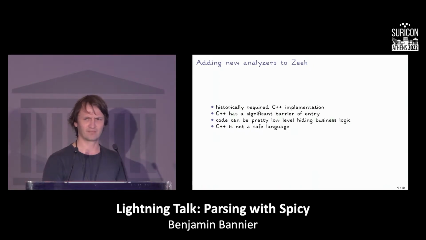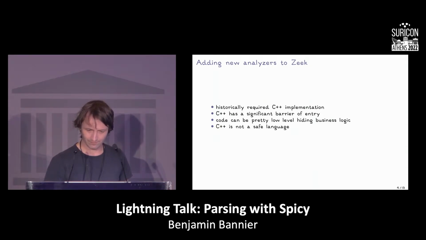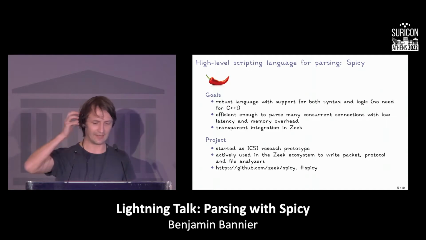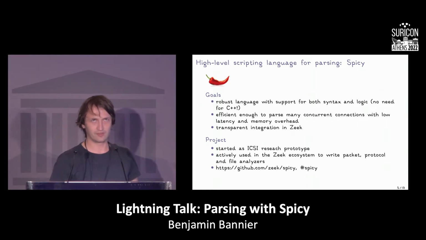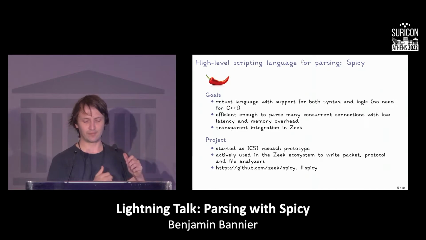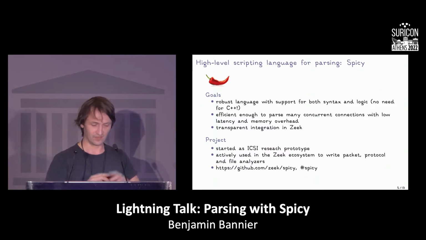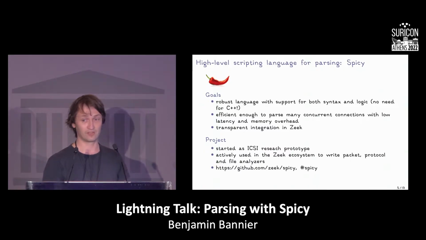I saw some talks on fuzzing, on CodeQL, and even I certainly have bad days where I get integer promotion wrong, right? It can be tricky. So the idea was to create a high-level language for parsing, which allows you to, at the same time, be descriptive, but also go down to low-level programming without writing C++, in a safe environment. And it should be efficient enough so we can use it in Zeke to parse thousands of connections at the same time without overflowing memory or having too much overhead. And it should be possible to integrate that transparently and in a nice way into Zeke.